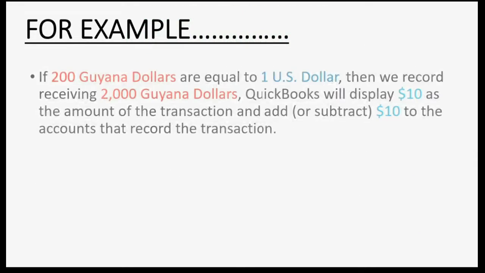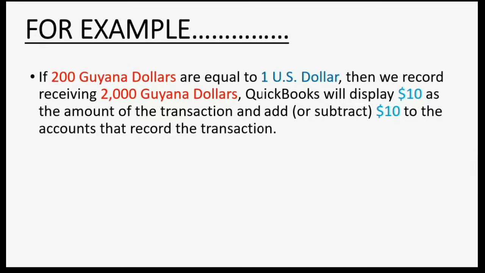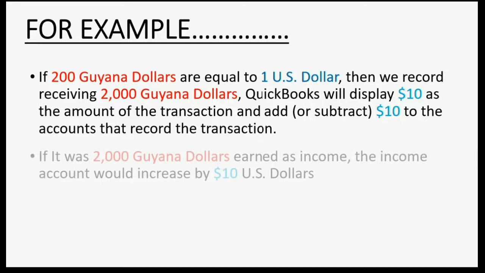For example, if 200 Guyana dollars are currently equal to 1 US dollar, then we record receiving 2,000 Guyana dollars and QuickBooks will display $10 as the amount of the transaction. And QuickBooks will add or subtract $10 to the accounts that the transaction will be recorded in.